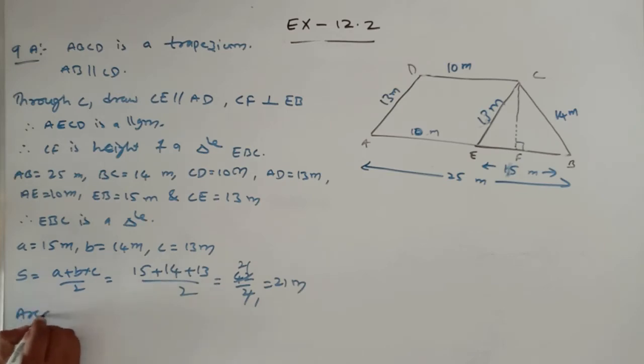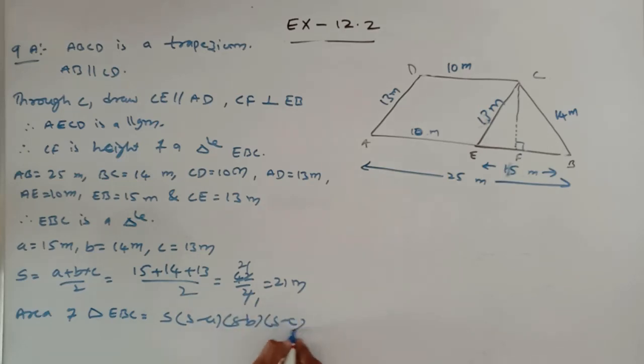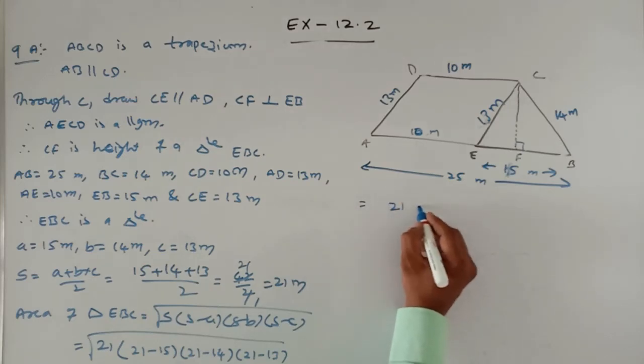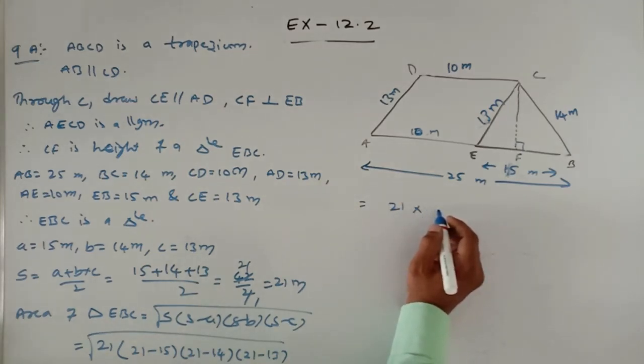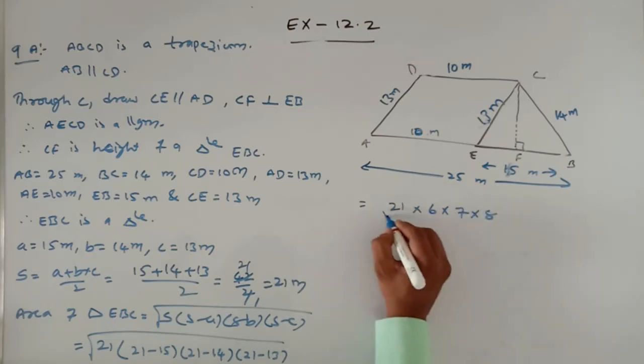Now area of triangle EBC is equal to, by using Heron's formula, root of s into s minus a into s minus b into s minus c. Now s value is 21 into 21 minus 15 into 21 minus 14 into 21 minus 13. That is equal to root of 21 into 6 into 7 into 8.